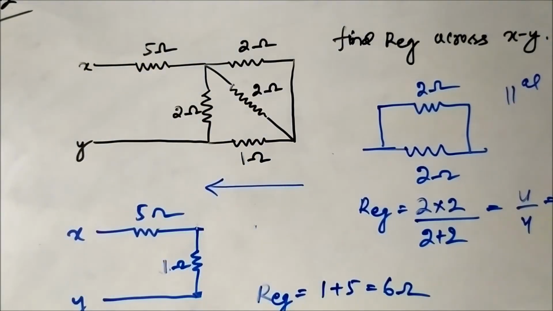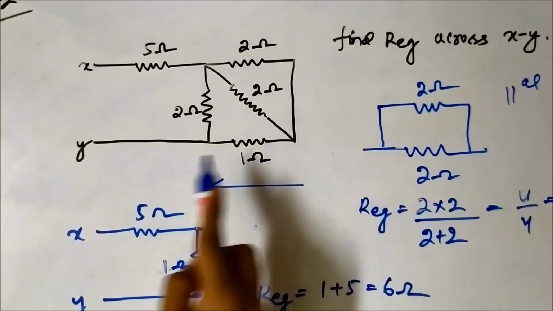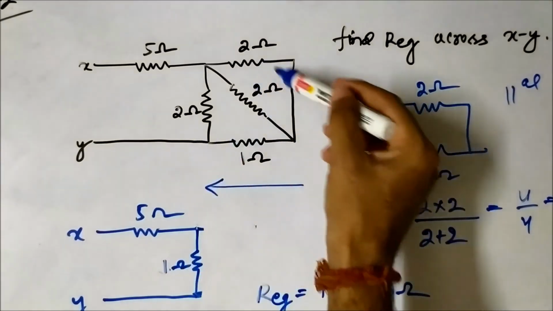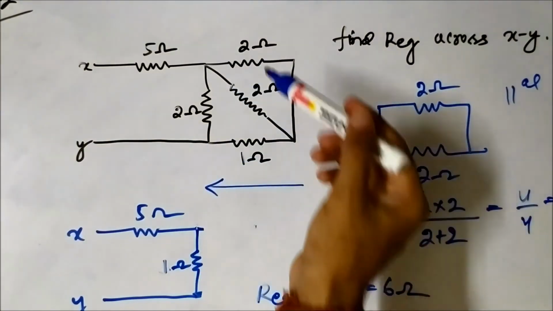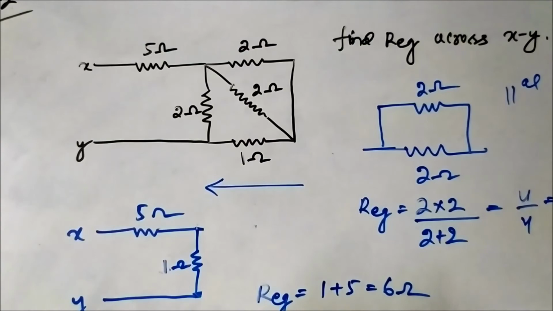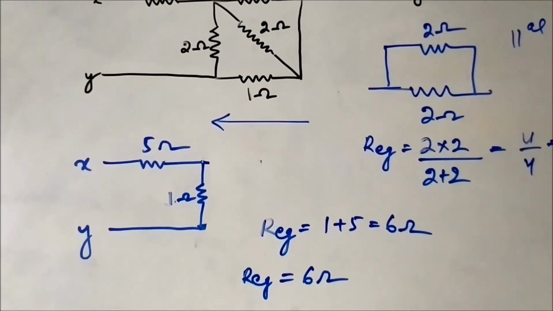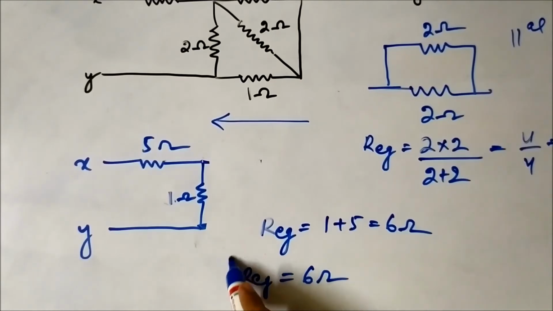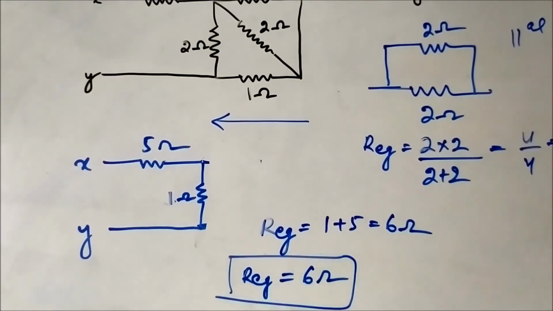That will make it easy for you. So here we moved from right end to left end, and we went on calculating the equivalent resistance of the resistors which we encountered in the path. So finally we calculated the equivalent resistance as 6 ohm.